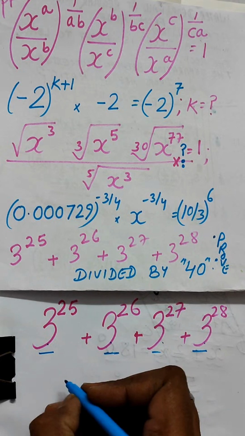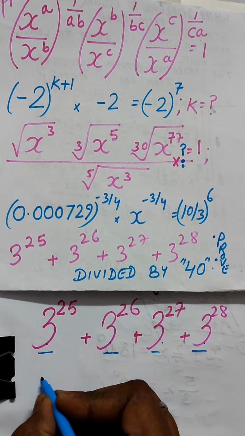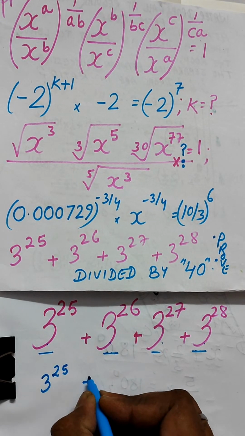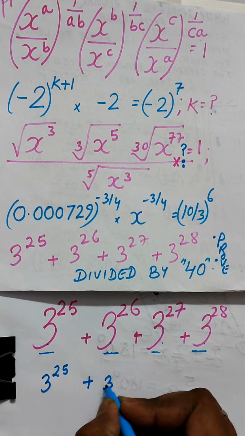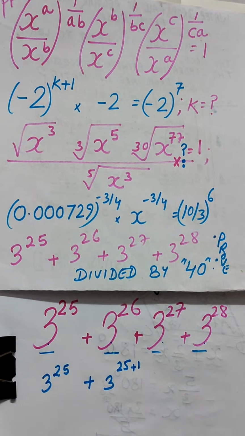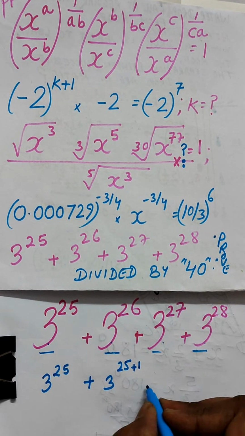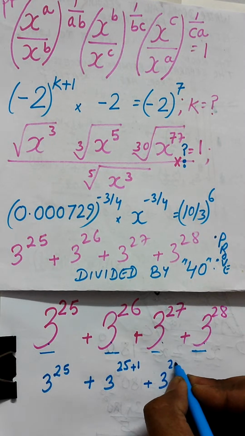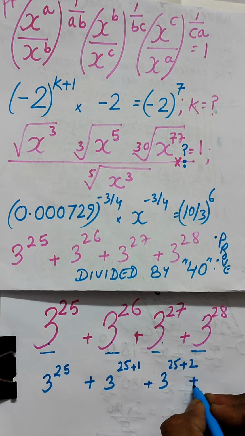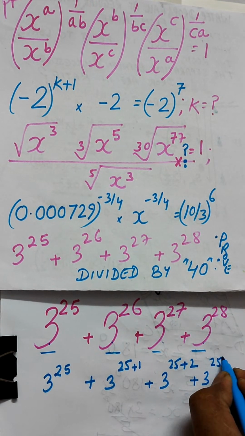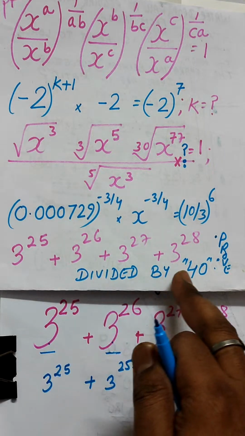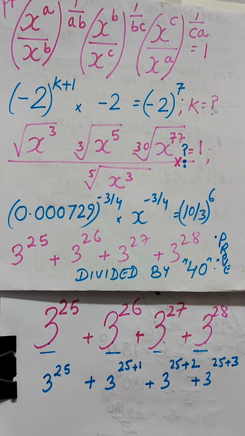The first term can be written as 3 power 25, the second term as 3 power 25 plus 1, the third term as 3 power 25 plus 2, and the fourth term as 3 power 25 plus 3, and this is divided by 40, that we need to prove.